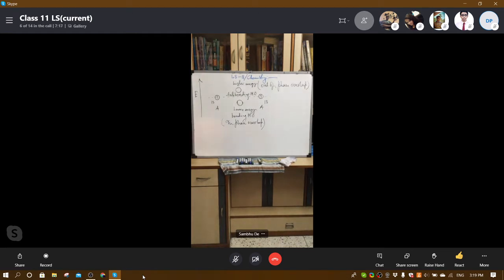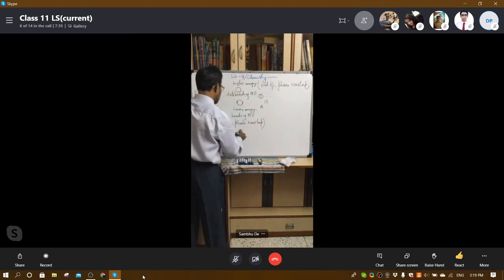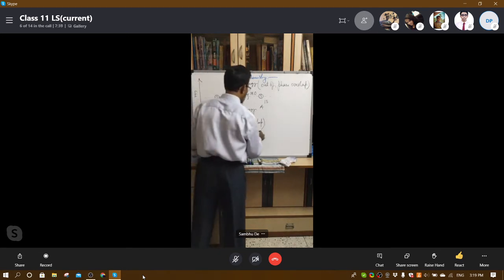Here I am taking overlap of s orbitals. I am giving you what will be the shape of bonding and anti-bonding s orbitals. For the bonding orbital, say 1s orbital of two hydrogen atoms. This is 1s, this is 1s of hydrogen, and both are in plus phase or both in minus phase.